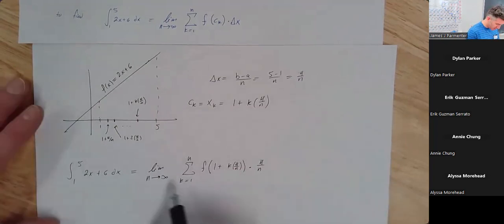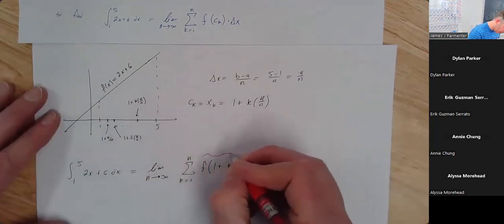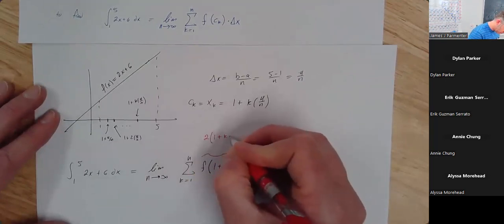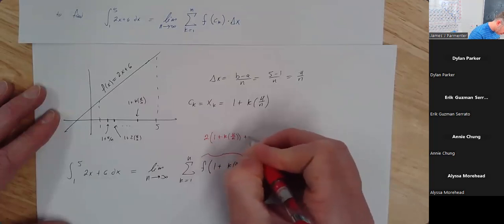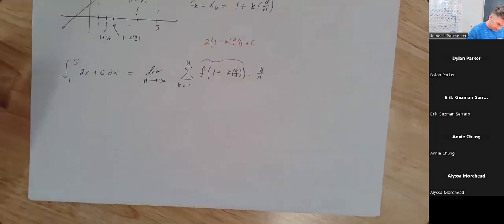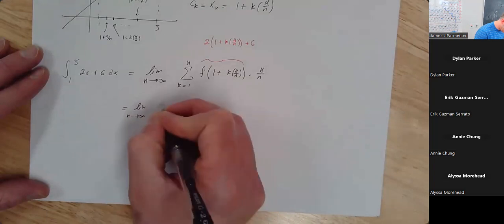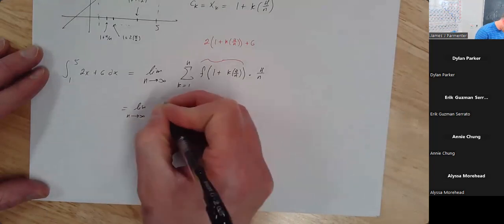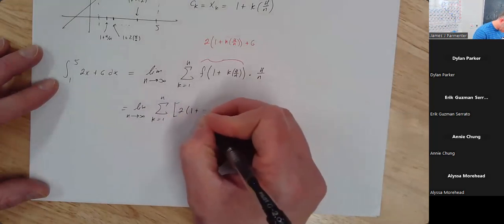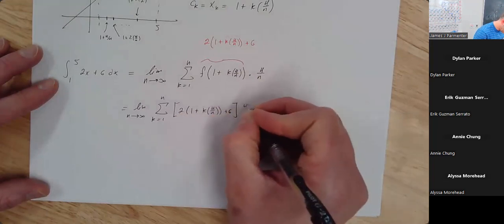And then we're going to use our function, f of x equals 2x plus 6, to replace this part here with 2 times what's being input there, plus 6. So when we rewrite this, it's going to become the limit as n goes to infinity of the sum from k equals 1 to n of 2 times 1 plus k times 4 over n, plus 6, all times 4 over n.